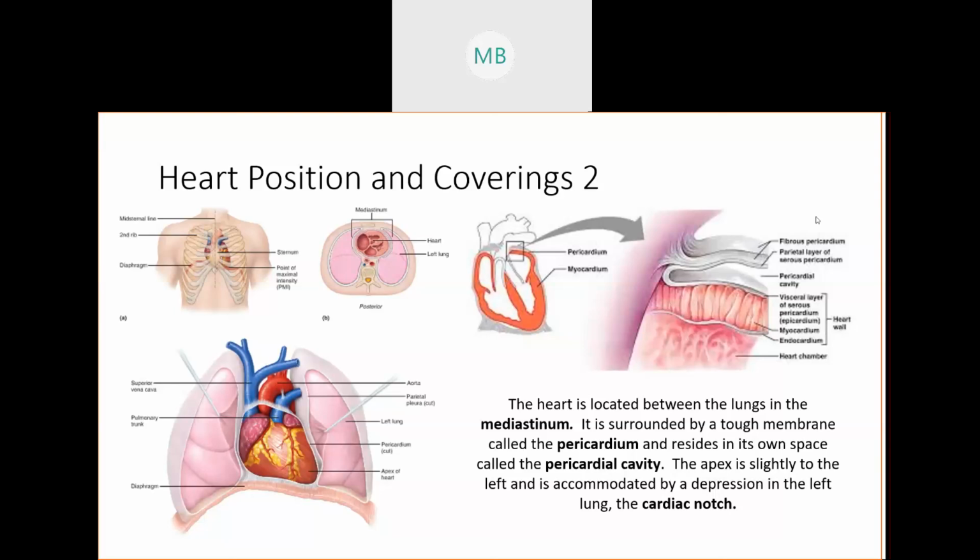So you have a little bit of fluid within this pericardial cavity, and as your heart is moving and beating, and these two layers of pericardium rub against each other, that fluid kind of acts as the medium for those friction burns, and it just mitigates any damage that you could cause yourself by not having that fluid there. And that's the purpose of the pericardium.